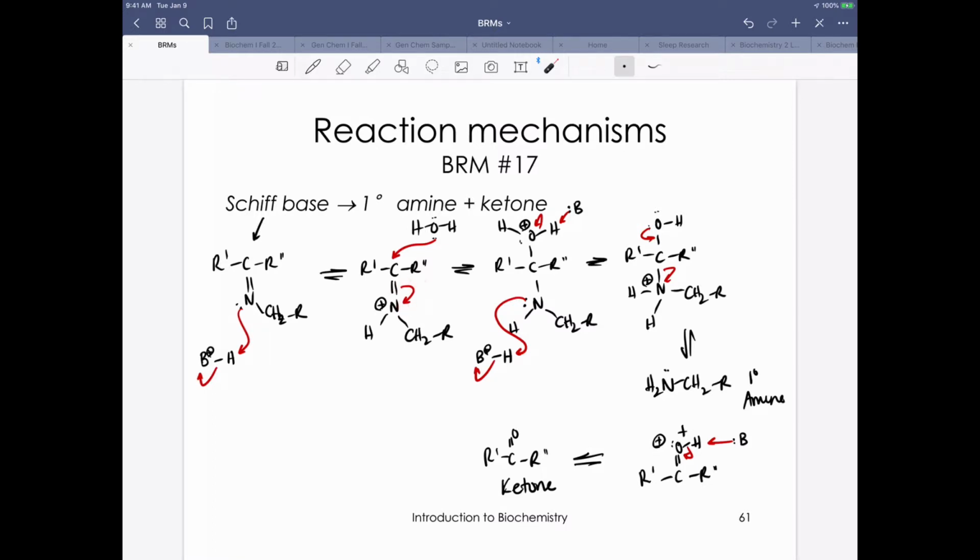Similarly, we could have drawn this arrow not as a lone pair on this nitrogen, but coming out and grabbing this hydrogen here. So let's change color just to highlight this. I'm going to draw out just this one step, to show how we could combine chemistries here.